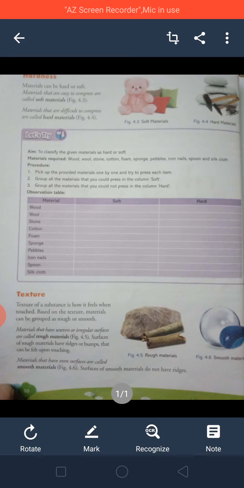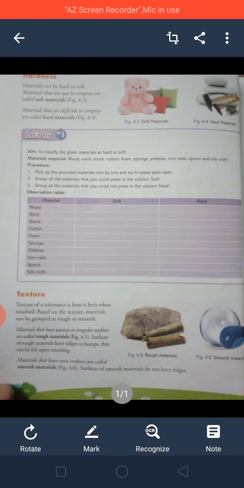Yes, very good. In the previous activity, what have we done? We have collected the things which are shiny and kept them on one side of the table, and on another side we have kept the things which are not shiny. Then what have you called the shiny things?